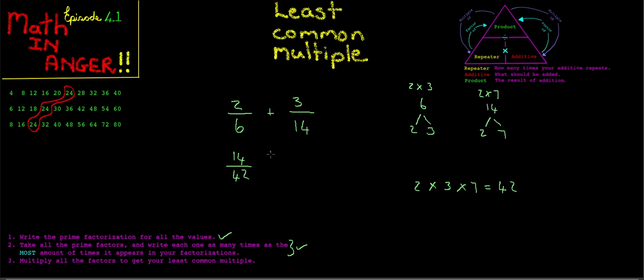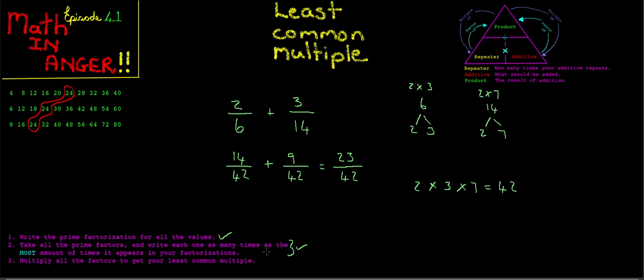And here it would be 3 times 3, that is 9 42nds. And that gives us a total of 23 42nds. Right? And that is how we use our least common multiple.